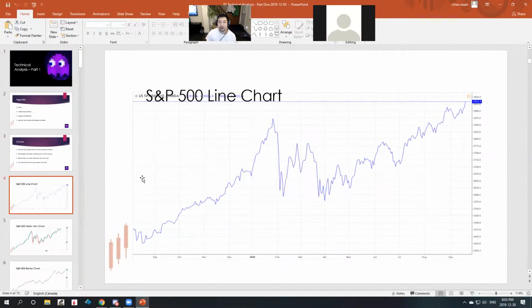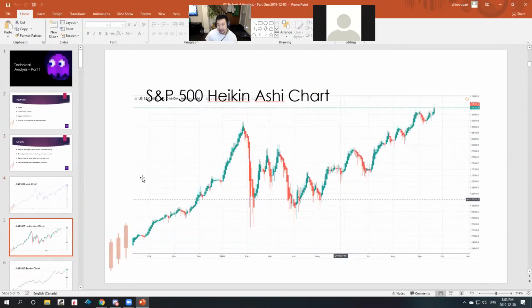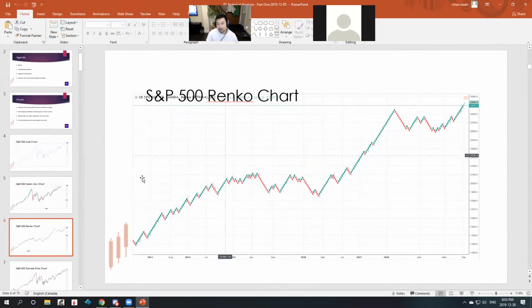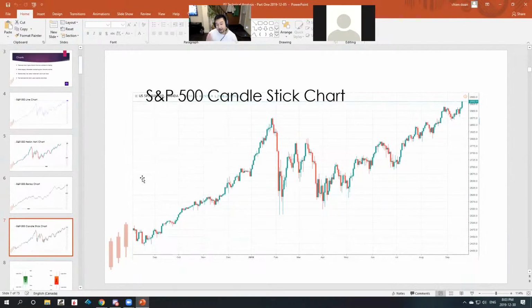Some of the other charts that you have available are line charts, Heikin-Ashi charts, which use a momentum indicator built into individual candles, and Renko charts, which are another type of momentum style of indicator. And then lastly, you have the candlestick charts, which is the one that we primarily focus on.